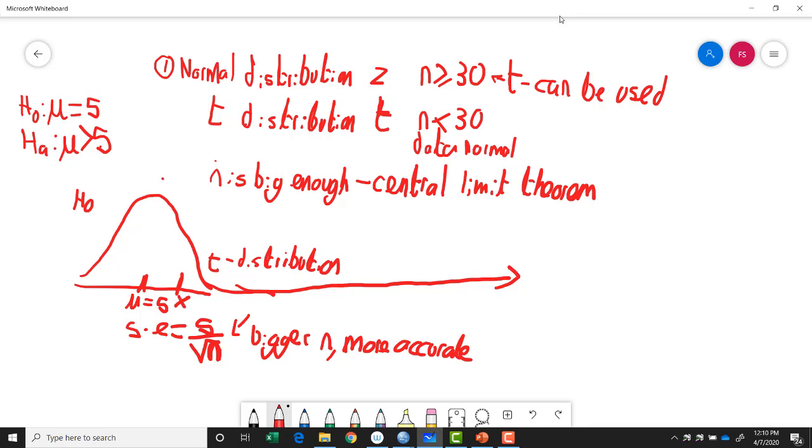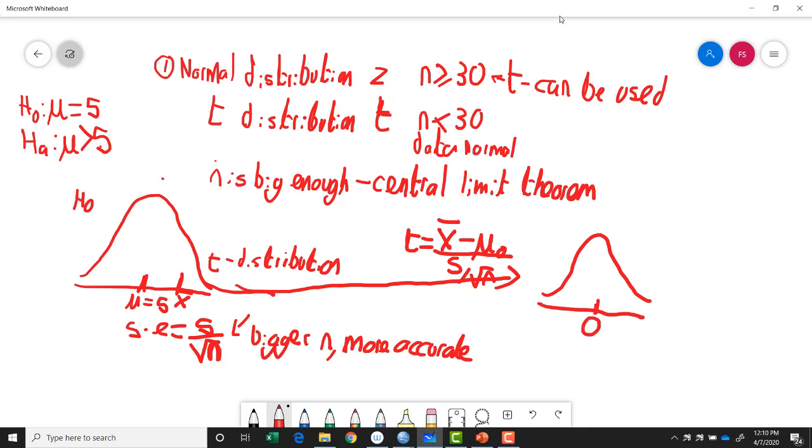This is the mean we find in our sample. What we would do is subtract the mean, mu 0, which in this case is 5, and divide it by the standard error. And this means we end up with a distribution where we have a 0 in the middle and a standard error of 1.